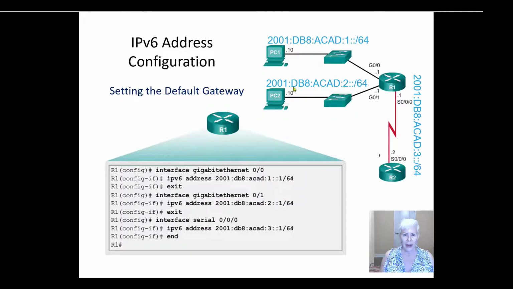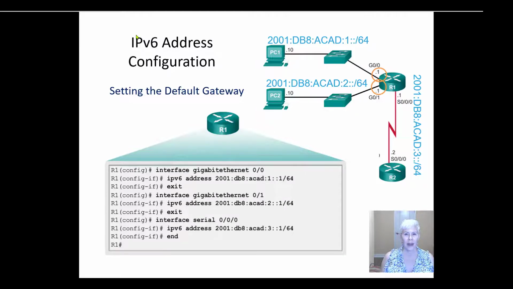And then on my next network, ipv6 address 2001:DB8:ACAD:2::1, that represents the network. And now I've got my default gateway set. And then on my serial interface, 2001:DB8:ACAD:3::1, that's representing the network. The other serial link would be ::2. That's all for IPv6 subnetting.